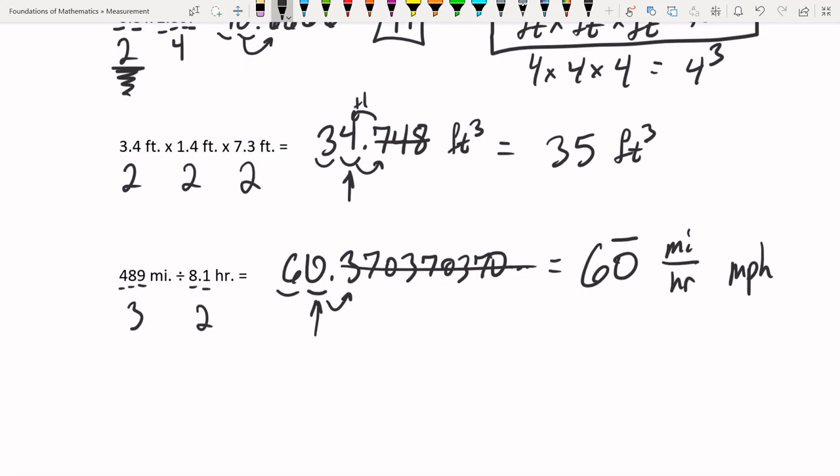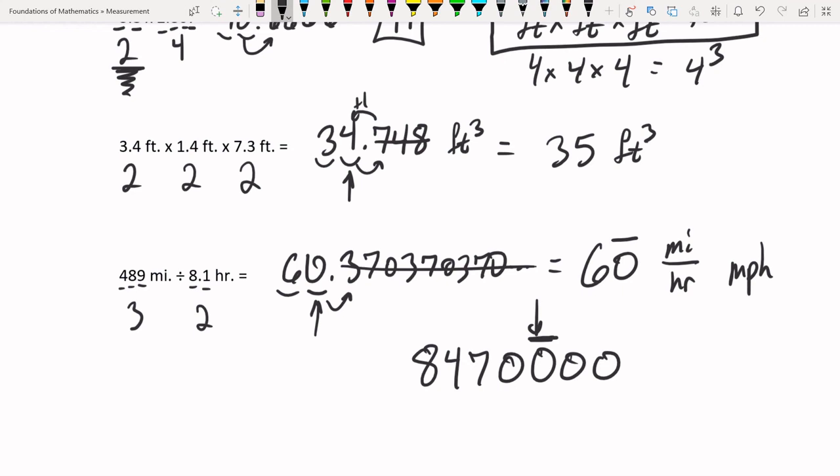The same thing is true if I were to say 8, 4, 7, 0, 0, 0, 0. And I were to say I rounded to this place right here. What I'm doing is that this bar says this place is significant.